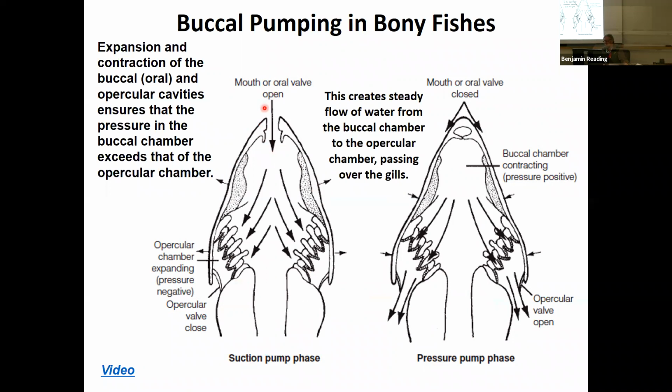So when the mouth is open, water passes into the buccal cavity, and this is because the buccal cavity itself expands a little bit, and the opercula sort of expand as well. This creates a slight negative pressure, nothing that's going to be a dramatic feeding kind of response, but just enough negative pressure to pull water into their buccal cavity.